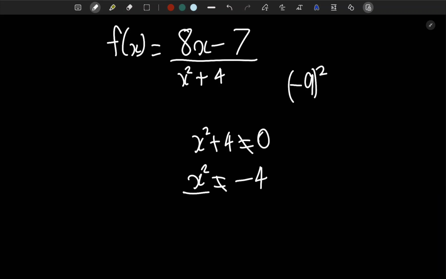So here in our example, x squared is never going to be negative. So the domain will be from negative infinity all the way to positive infinity, and that is the answer.